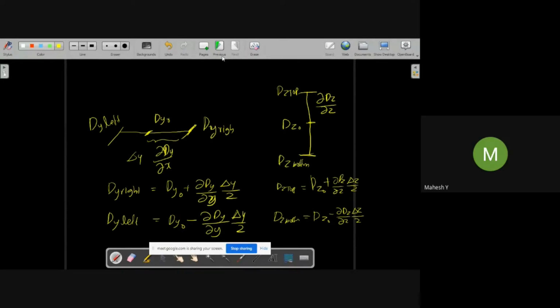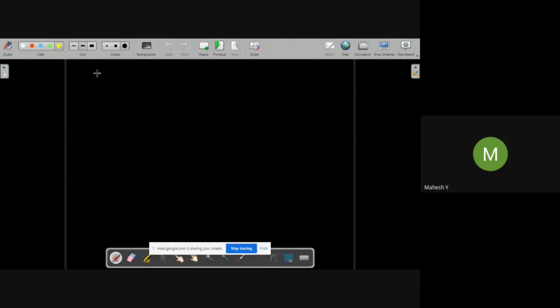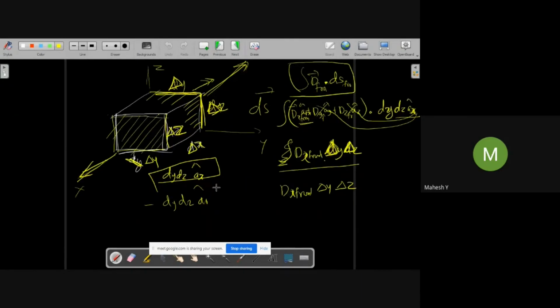back, left and right. So we'll evaluate the integral now. As we discussed earlier, for the front it will be dx front into delta y into delta z, right? So can you tell me what will be the value of back side d dot ds?